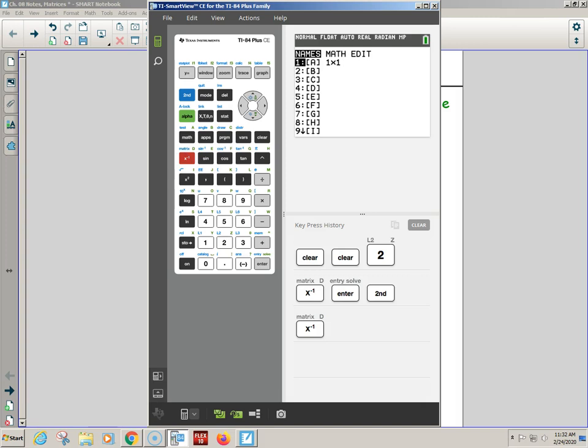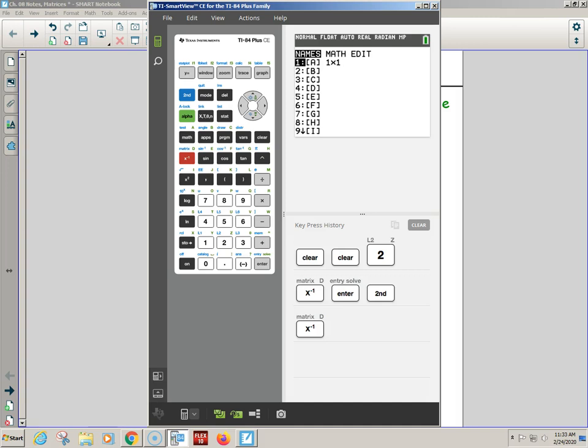Doesn't e to the being above ln and 10 to the being above log and square root being above x squared, don't some of these buttons have a particular relationship to what they're above? What is the relationship of e to the ln or 10 to the log or square root of squared? They're inverses. I wonder if this button is going to inverse.